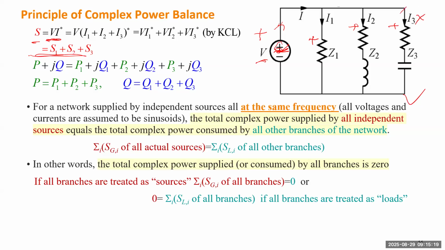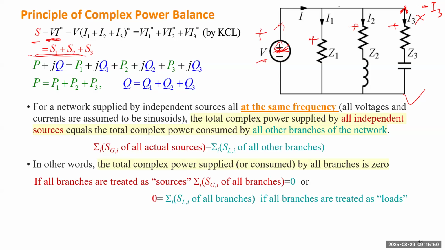We need to use the current leaving from the positive terminal, which is negative I3. Then you use the conjugate of negative I3 multiplied by the voltage, and that will give you the complex power for this branch behaving as a source. Equivalently, you can treat everything as a load, then the current needs to come into the positive terminal. Either way, the equation has to hold.